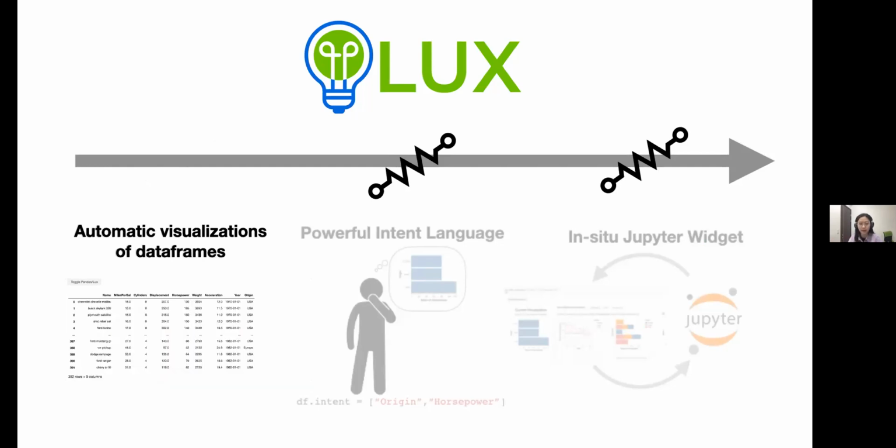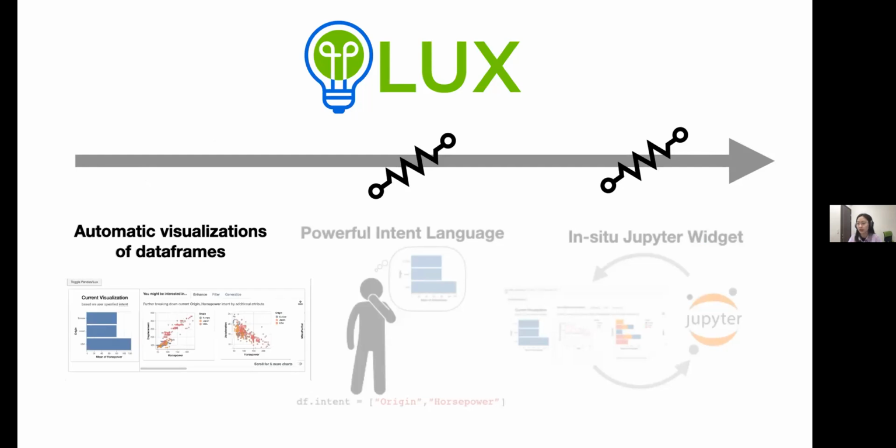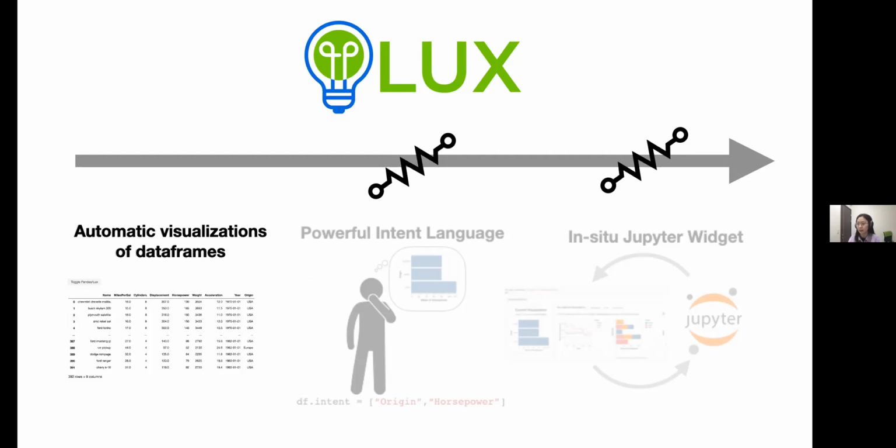As we can see on the left, by printing out any data frame in the notebook, Lux provides an alternative visual way that a data frame can be visualized beyond the typical table representation. And users can toggle back and forth between these complementary views.